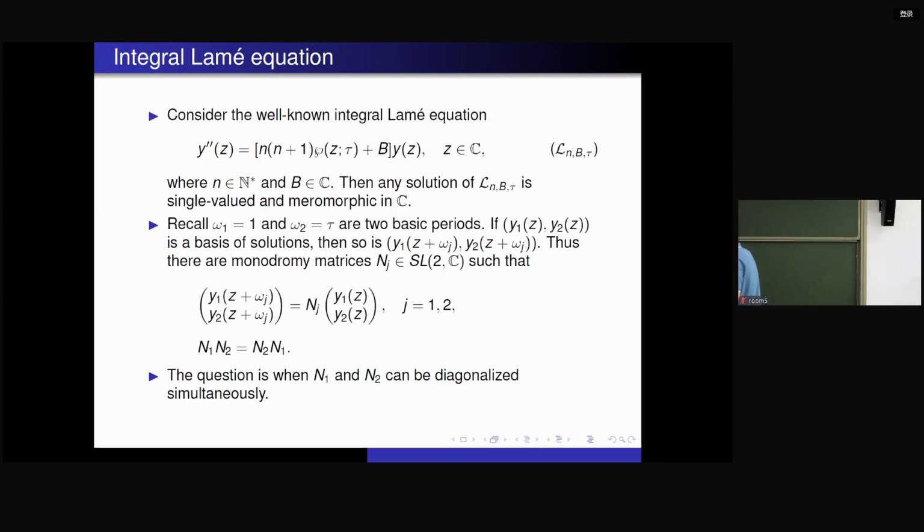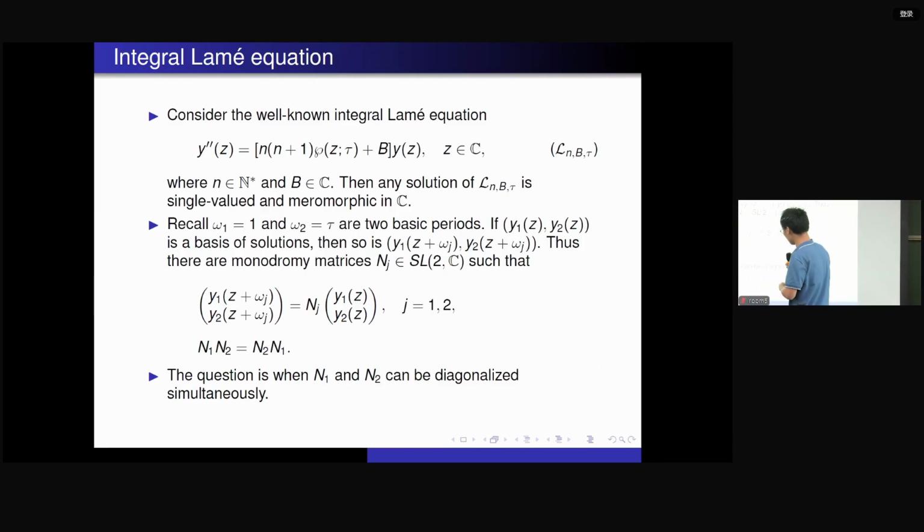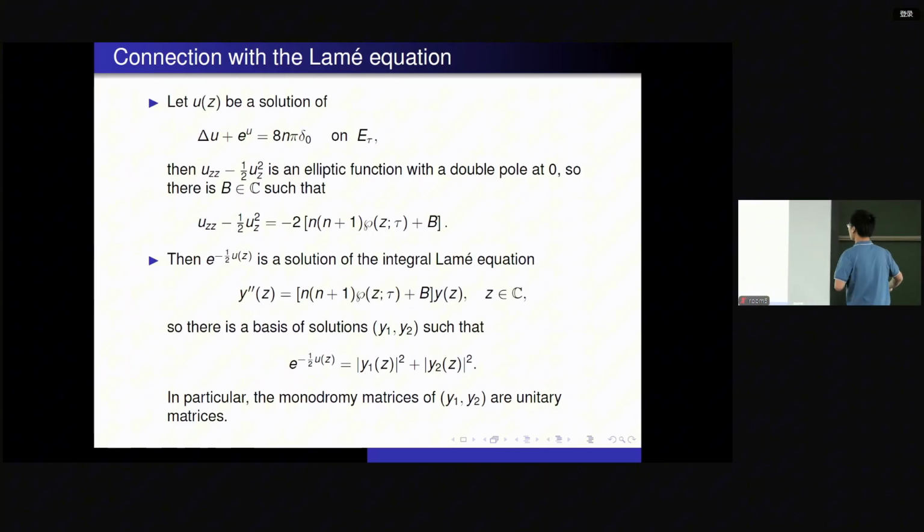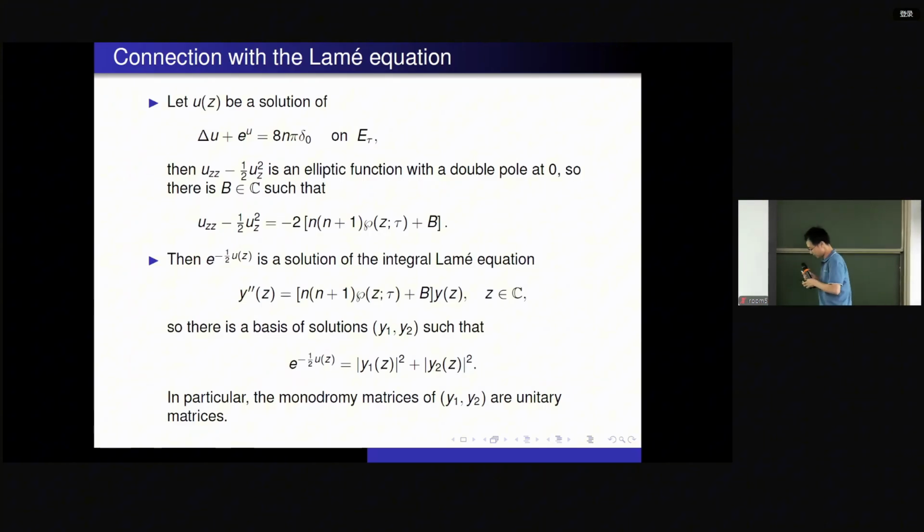From here you can see why the monodromy matrix is unitary. Because U is a solution of the PDE, this function is doubly periodic. The left-hand side is doubly periodic.